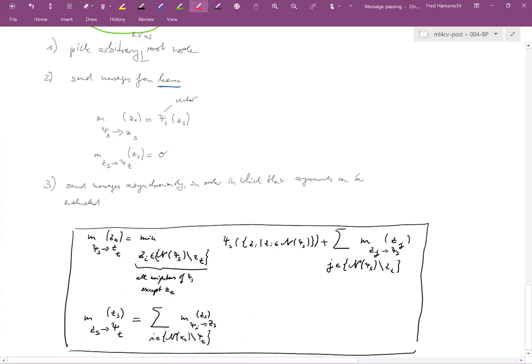And similarly up here, when a factor is a leaf, then it does not get any input, so this sum is 0, and all that it sends out is its own opinion about the state that the random variable can be in. So these are just the corner cases for the leaves.